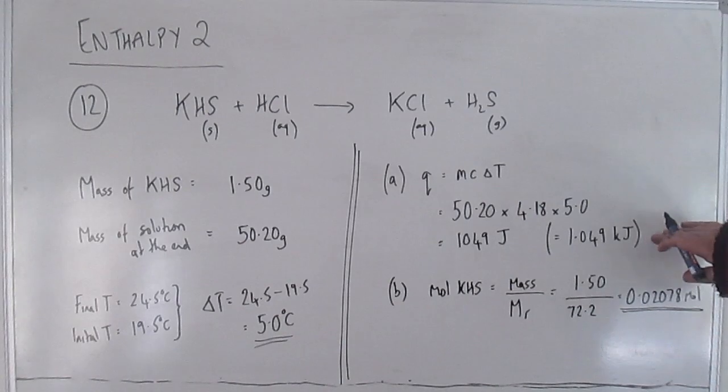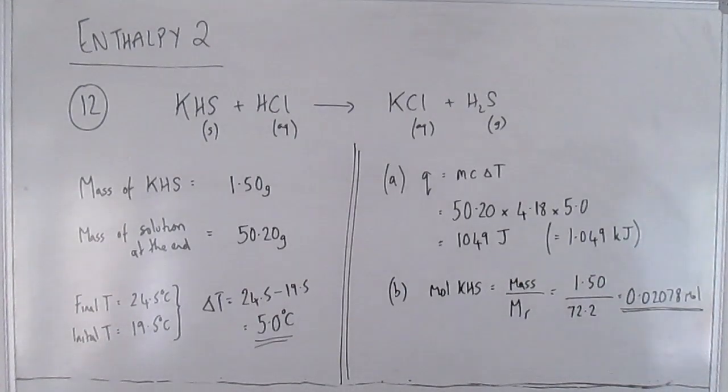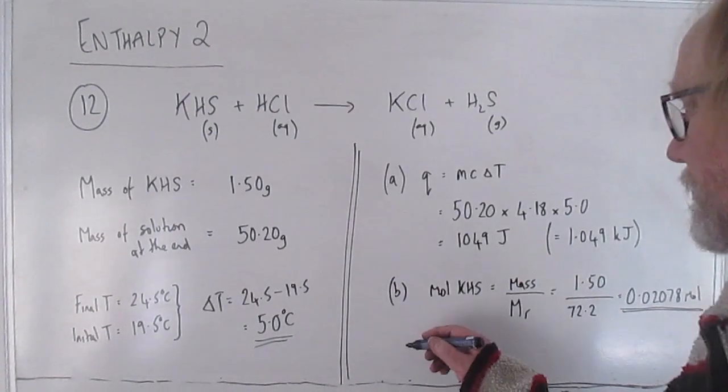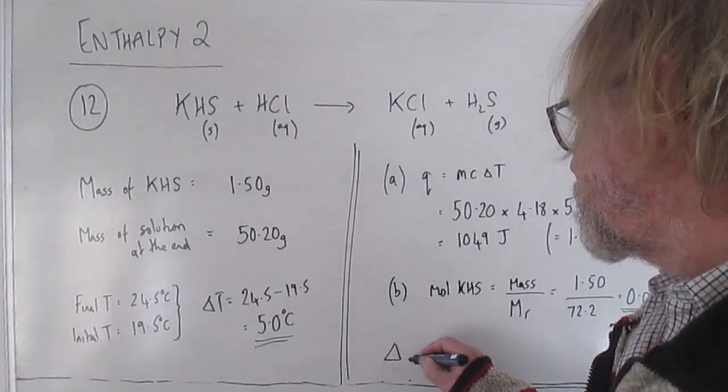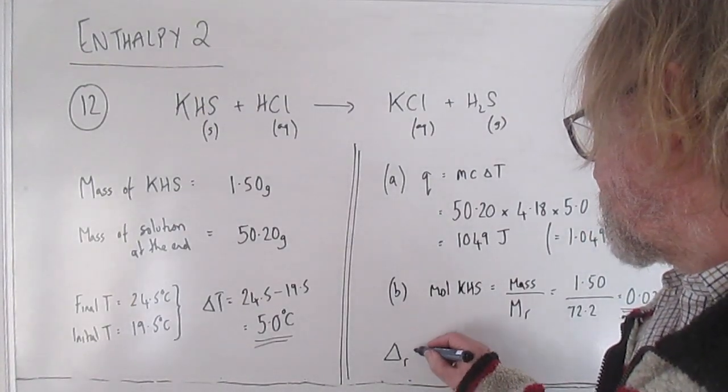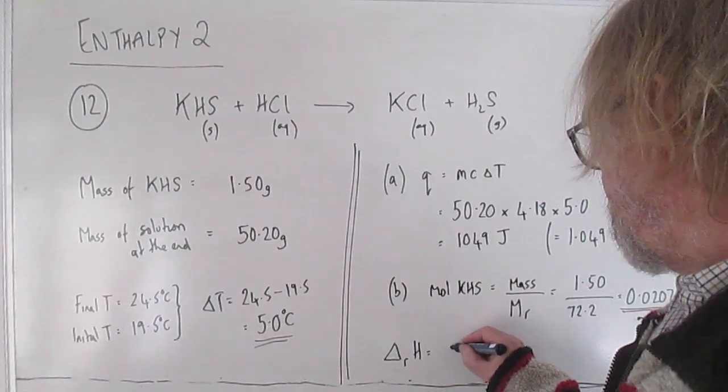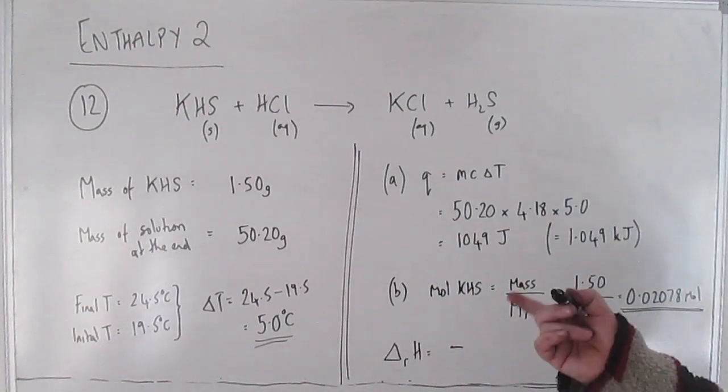Okay, so now we've got the heat transferred and we've got the moles, so we can now calculate delta H for the reaction. And it will be negative because the temperature went up, so it's exothermic.